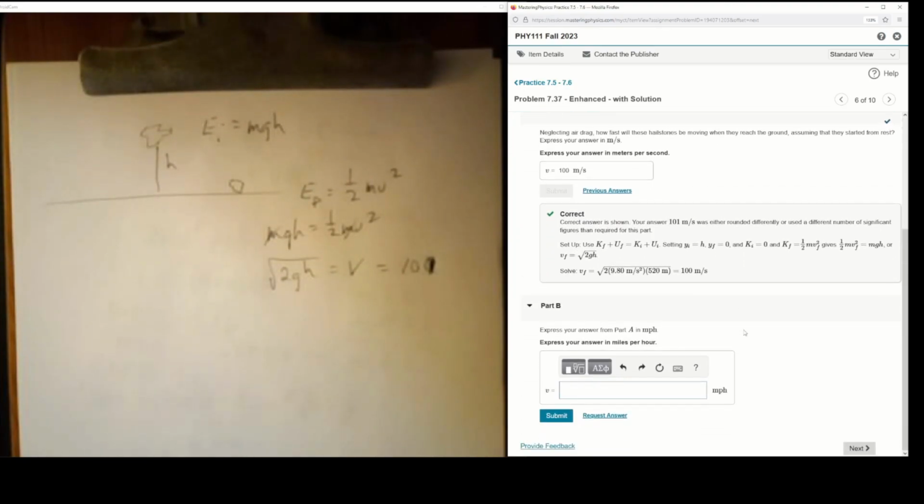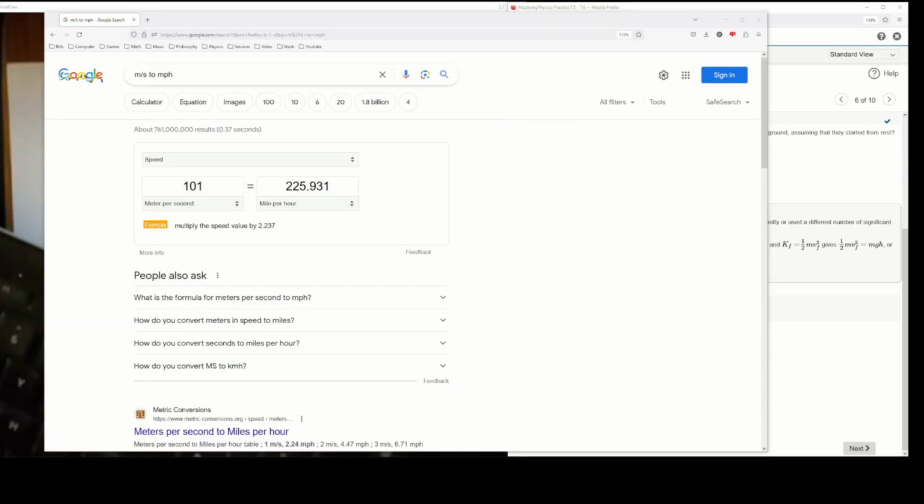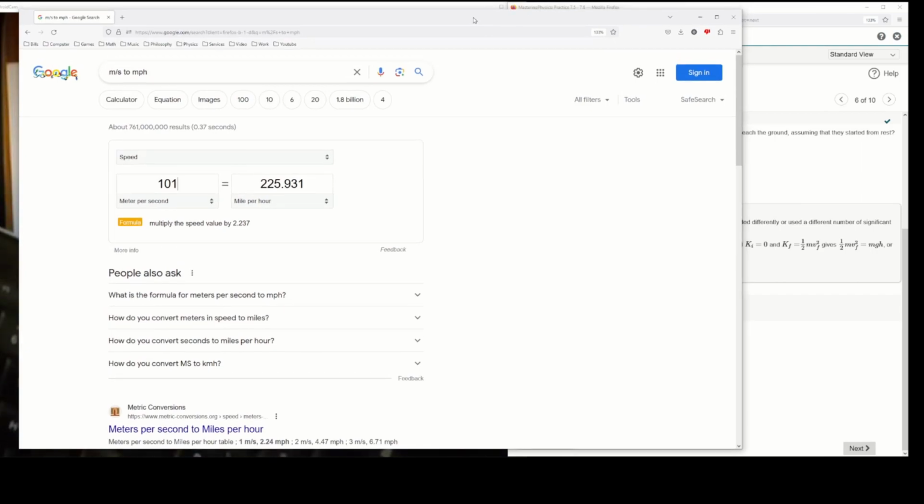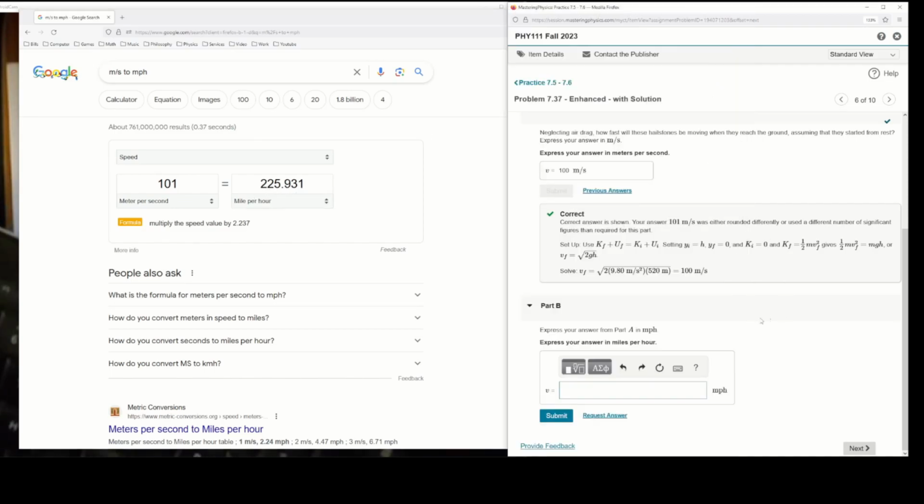And part B, express your answer in miles per hour. So there we go. I'm just going to pull up a web browser because I don't feel like doing that conversion. And I don't have a problem with you doing this either. 100 meters per second, 226 miles per hour.